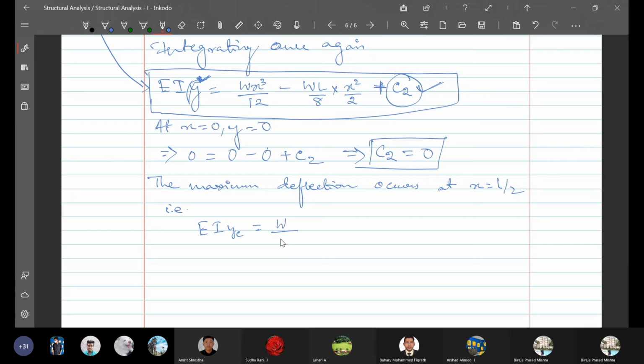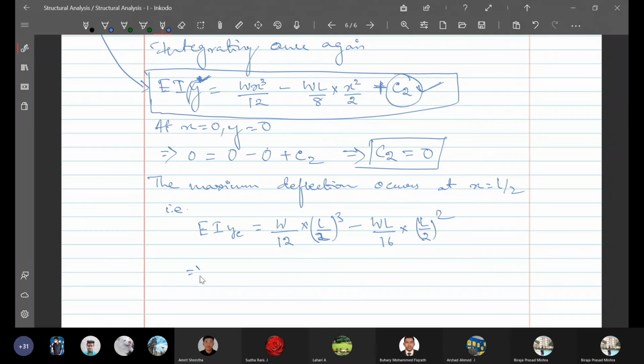So it is W by 12 into L by 2 cube minus WL by 16 into L by 2 square.